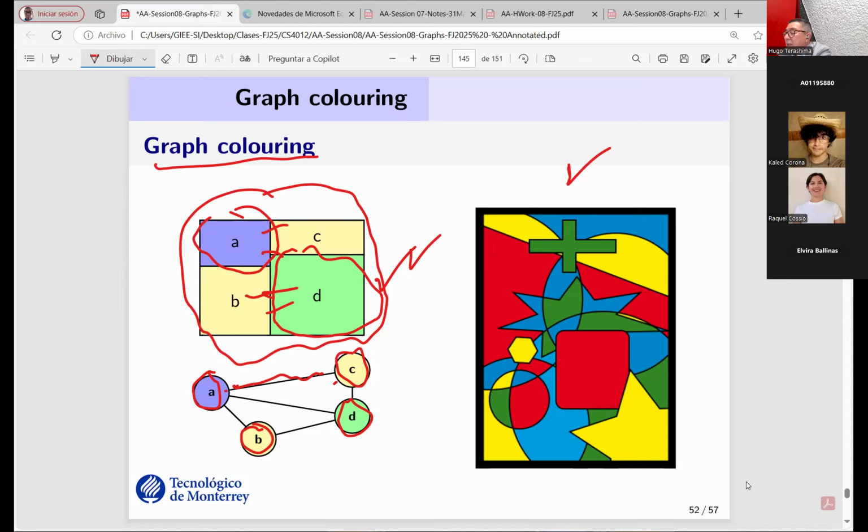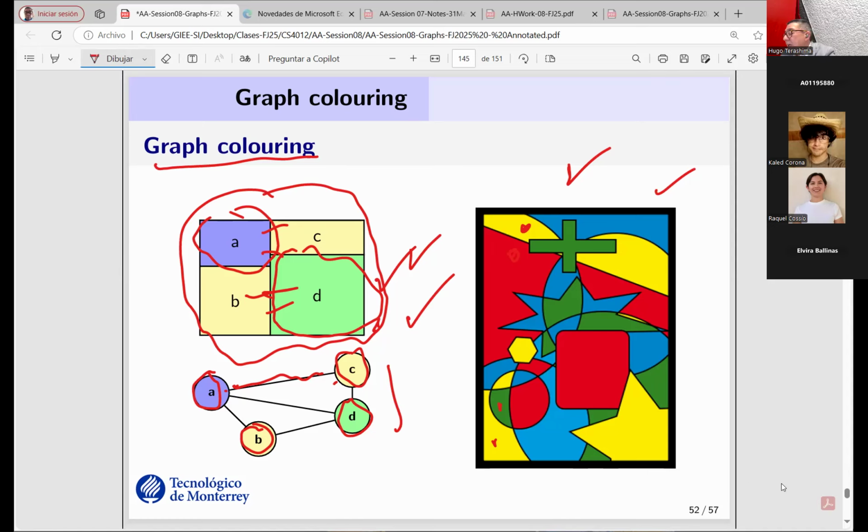So you need to find the nodes and then the arcs between the different regions and try to do this. And then you say, well, I need to color the graph in this way. But it is an NP problem because we can do this just heuristically, usually. So we don't have an optimal solution for these kinds of problems, especially when the number of regions or nodes that you have is large.